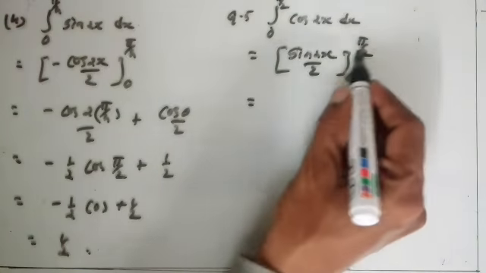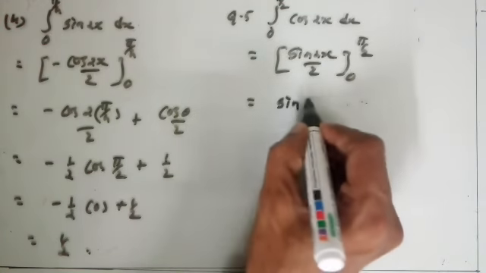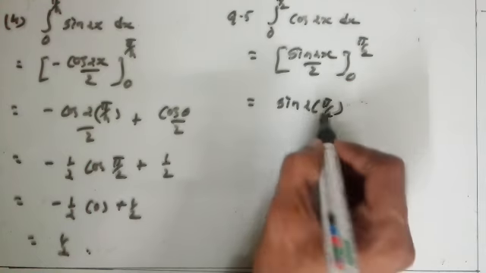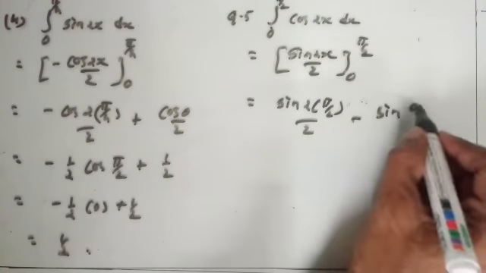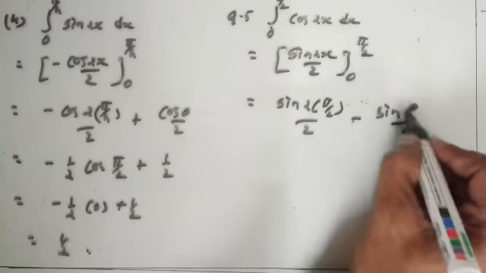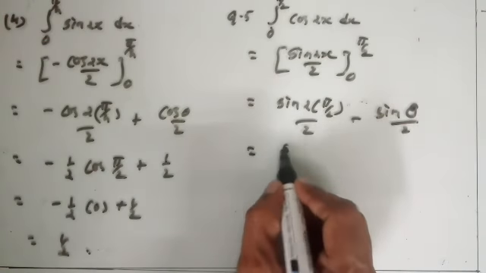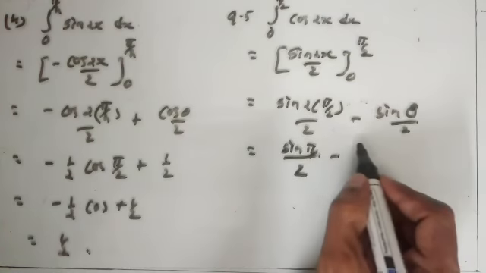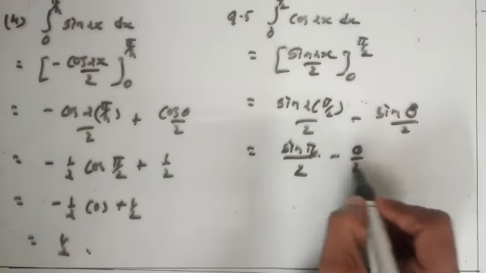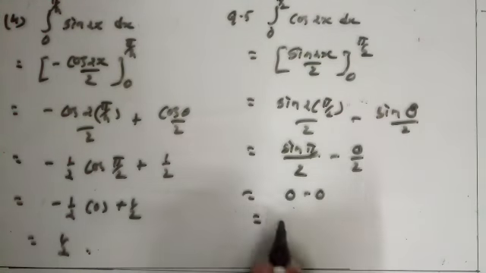So now x is equal to pi by 2, so sin 2 into pi by 2 upon 2 minus sin 2 into 0 upon 2. So this becomes sin pi upon 2 minus sin 0 upon 2, that is sin pi is 0 minus 0, equal to answer 0. Clear?